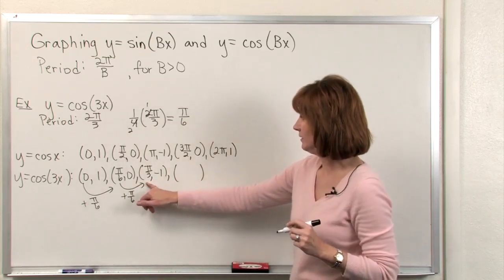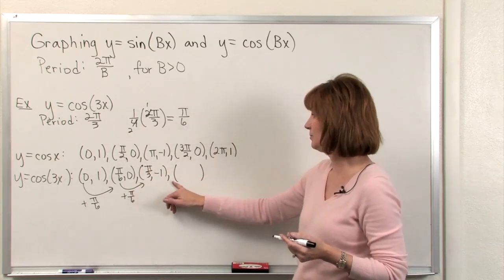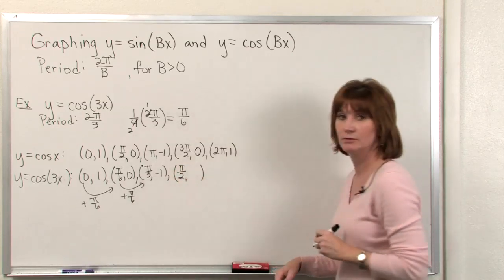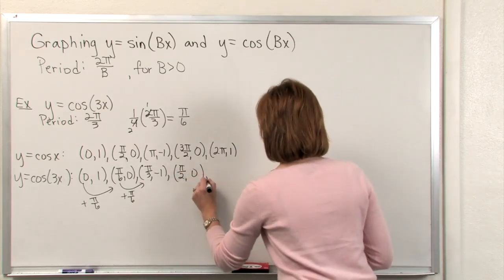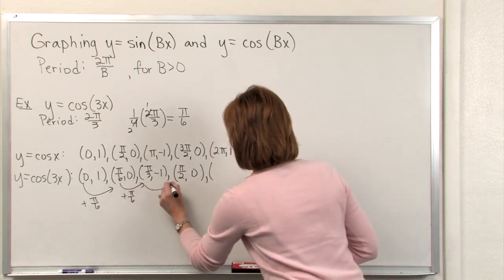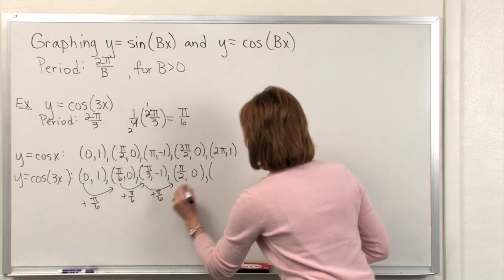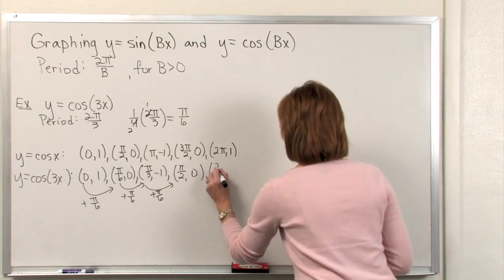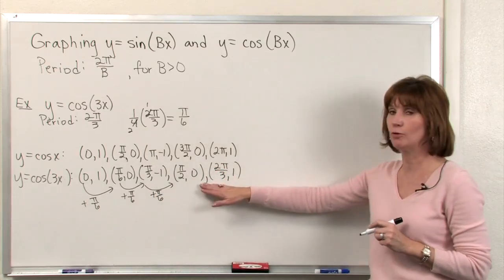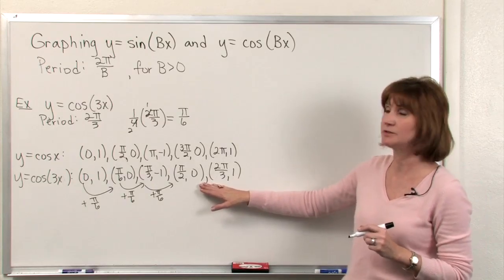Okay, and then 2 pi over 6 or pi over 3 plus pi over 6 gives you 3 pi over 6, which is pi over 2. And finally, 3 pi over 6 plus another pi over 6 is 4 pi over 6, or the period of 2 pi over 3. So here are the quarter points for y equals cosine 3x.